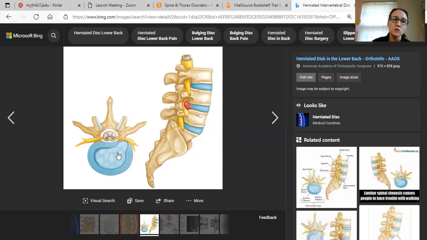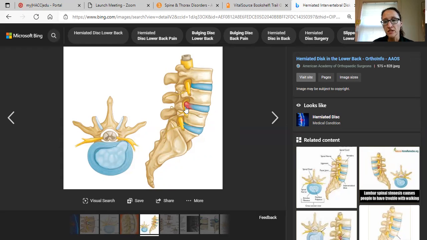And then you'd get some of this nuclear material leaking out into the space next to the spinal cord. If it's not leaking out, if it's just kind of misshapen and pushing against the nerve root here, then it's a bulging disc, okay? It's pushing against the nerve root, it's bulging into the nerve root.